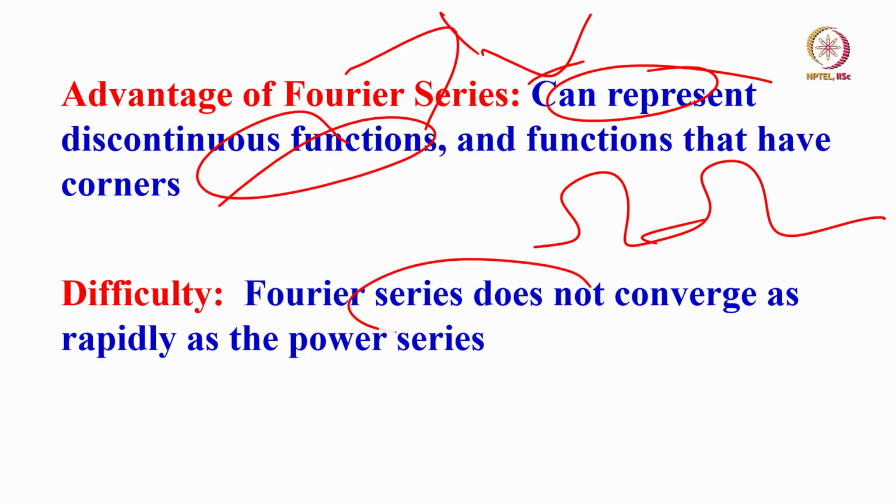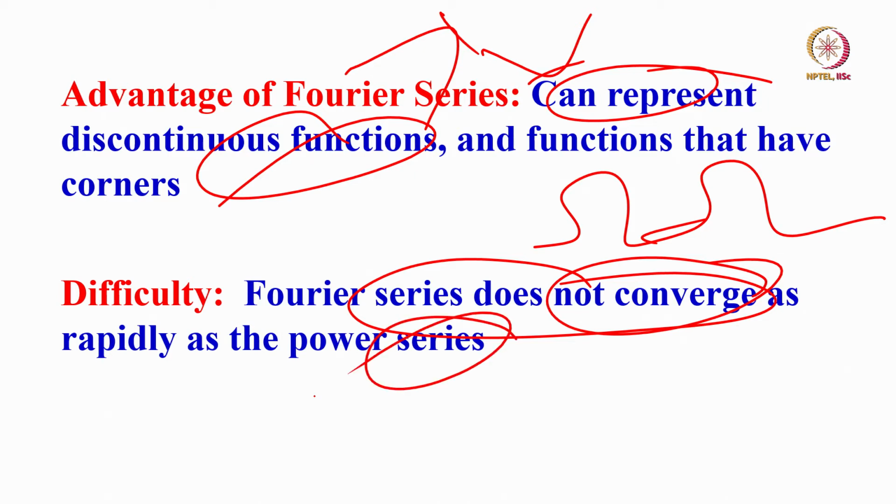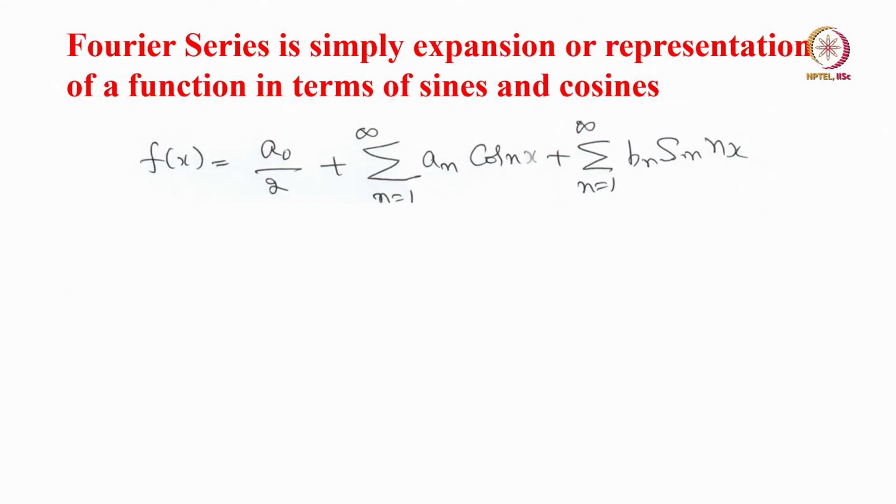Compared to the power series, the Fourier series will not converge as rapidly. You can find out whether the series is converging or diverging. If you want it to converge, the Fourier series does not converge as fast as the power series. This is one difficulty. But of course, the advantage is it can represent discontinuous functions and functions that have corners.